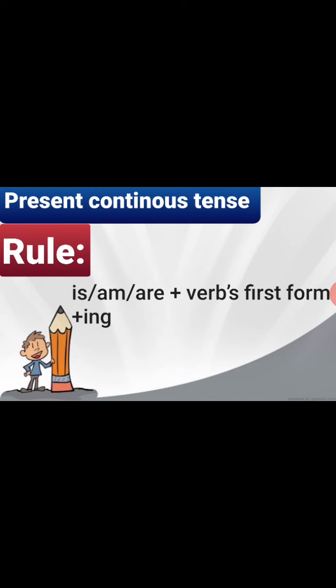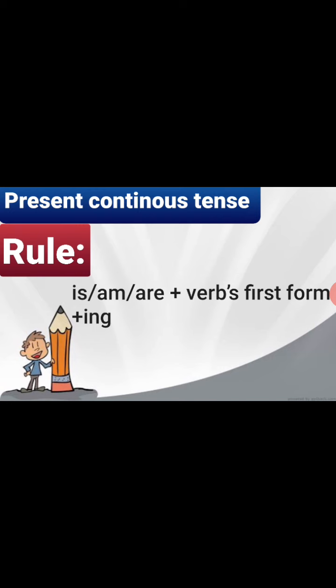Students, again remember, continuous tense, it means the work is going on. What is the rule of the present continuous tense? This is subject plus is, am, are plus verb first form plus ing plus object.